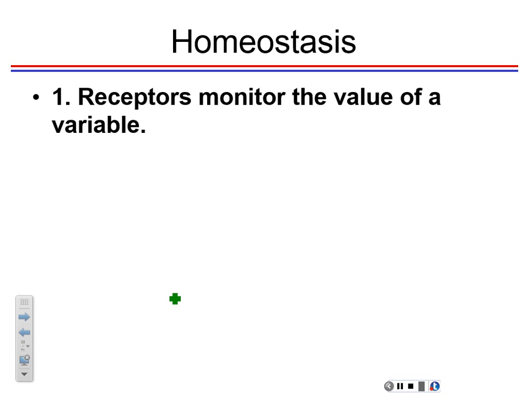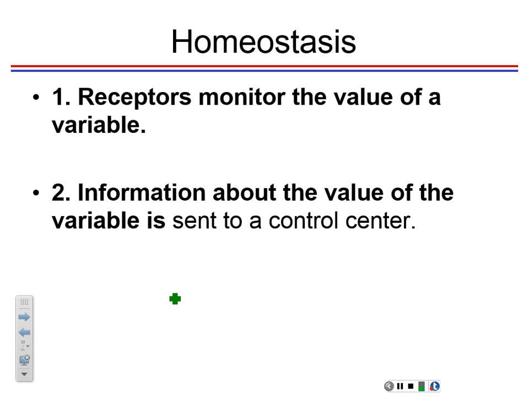But there are 5 steps in the whole process of homeostasis, right? Including those 3 parts that we just talked about. So receptors will monitor the value, okay, and they are sensitive to certain stimuli or certain changes, like temperature receptors, thermoreceptors, all right? And light receptors, like in the eye, photoreceptors.